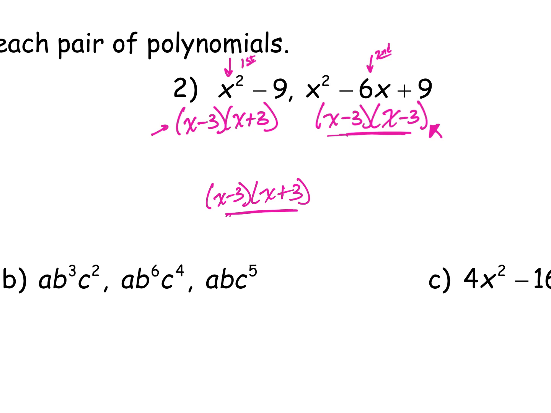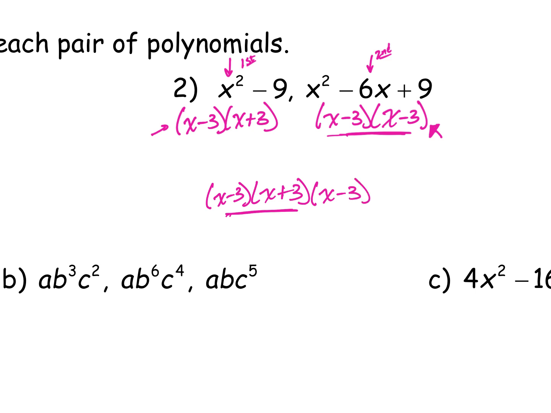There's 2 x minus 3s, right? So I need another x minus 3, okay? So if this one has 2 x minus 3s, my common denominator has to have 2 x minus 3s because it's got to go into it evenly. So this one has to have another x minus 3, and then I'm done, okay?